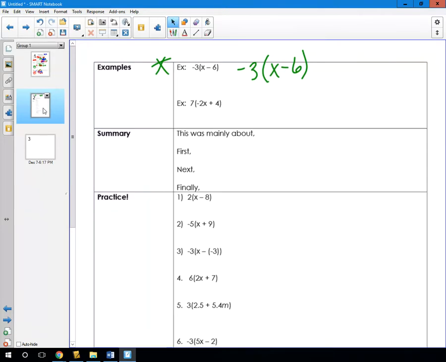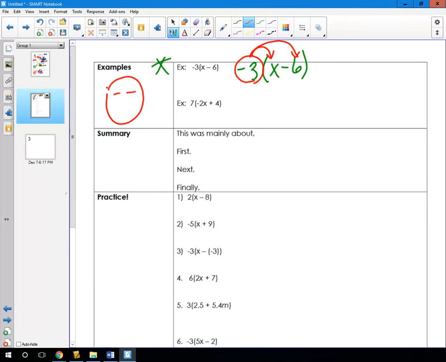I'm going to distribute the negative 3, circle the sign in front. So I want you to help me with this one. Negative 3 times positive x, what do you get there? Negative 3x. And when I distribute the negative 3 to that second term, what do you notice that the 6 is? It's a minus 6.